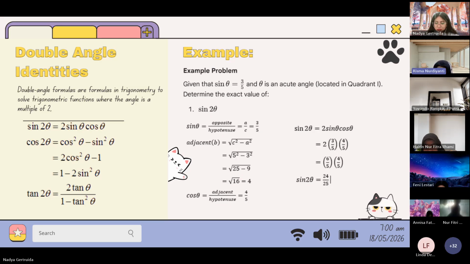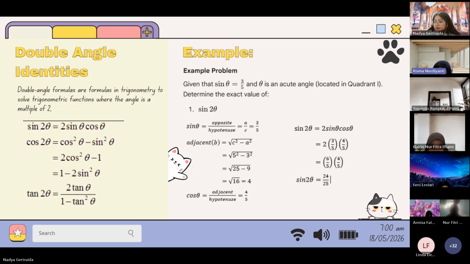Sin theta equals opposite over hypotenuse. We have A over C equals 3/5. First, find the value of the adjacent side, B. Using the Pythagorean theorem, B equals the square root of C squared minus A squared.